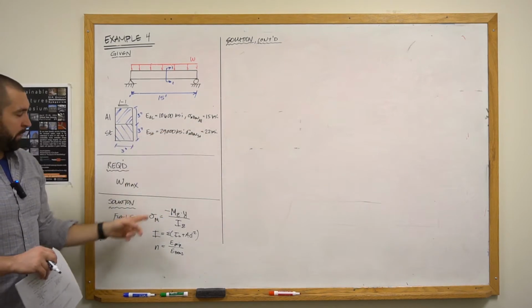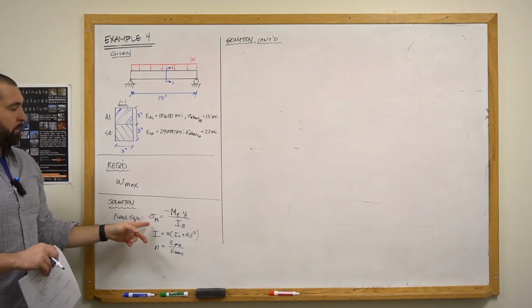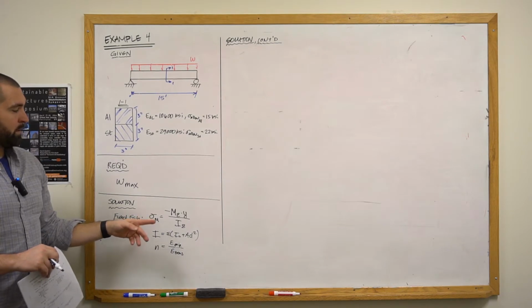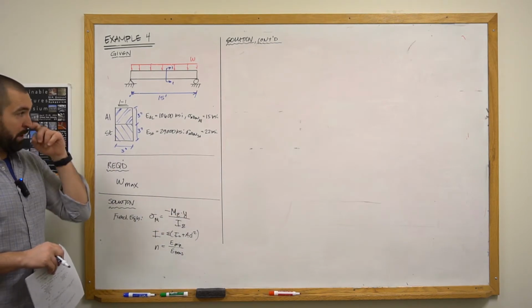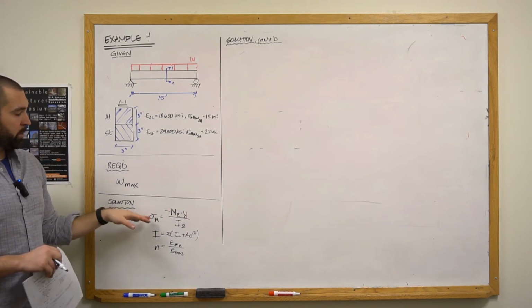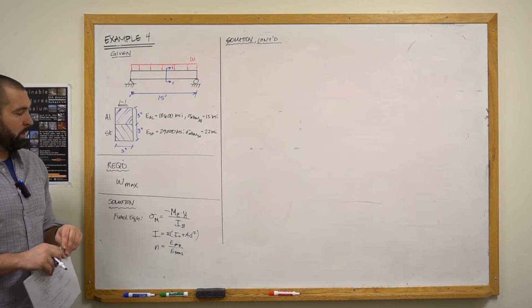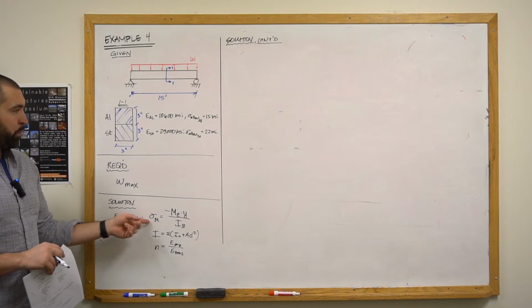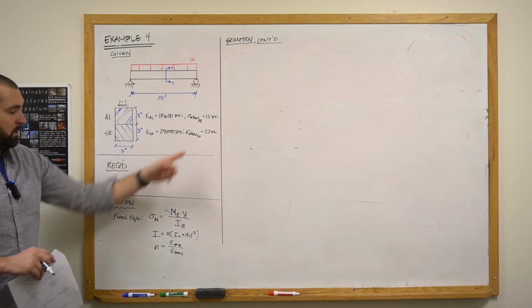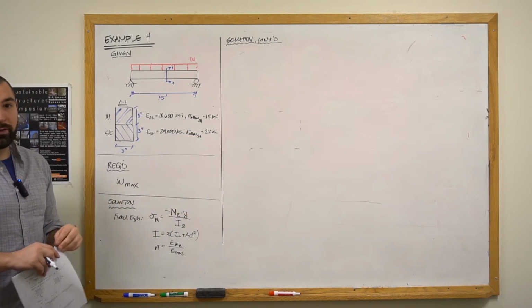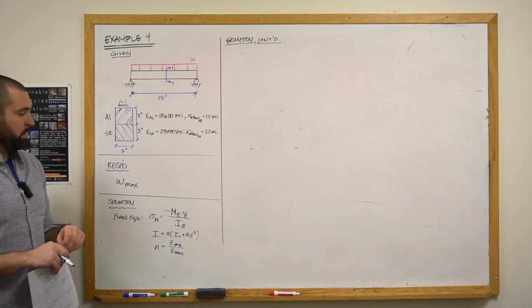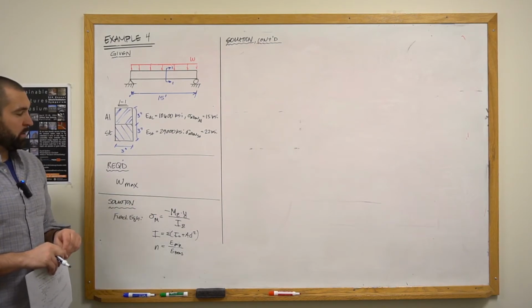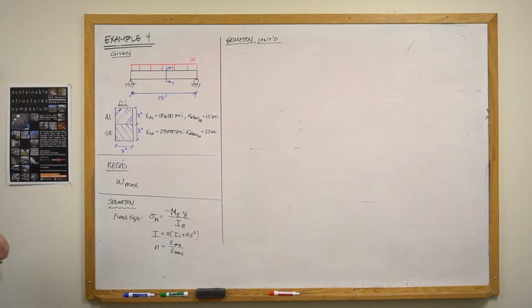We'll need to plug in 15 ksi here, find the location for the maximum stress in the aluminum, and make sure that we know what the maximum moment is for that. Then go back to the same exact thing, put in the allowable limit for the steel, plug in a y where the steel will see the maximum stress, and then back calculate what W is going to be. So that's what we're going to do.